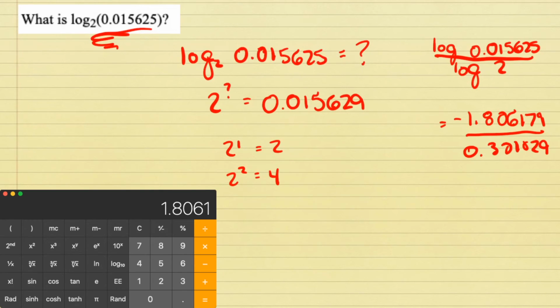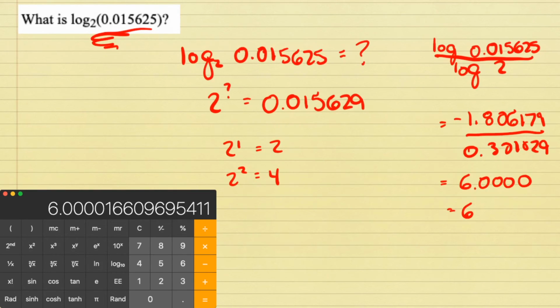I wish I could just clear that back number. And divide by 0.301029. Boom, 6.